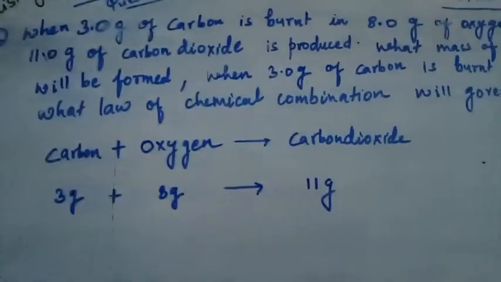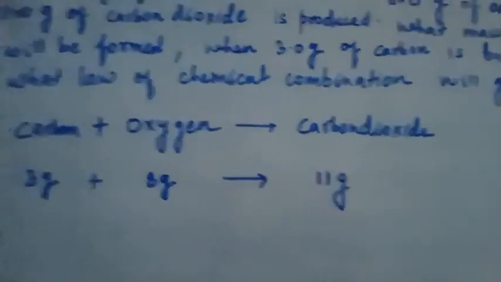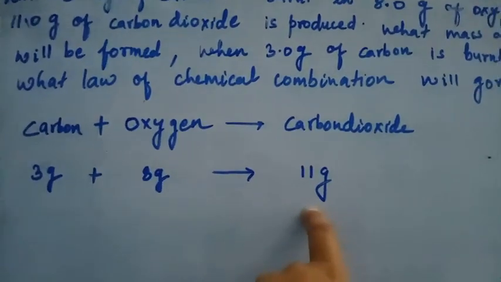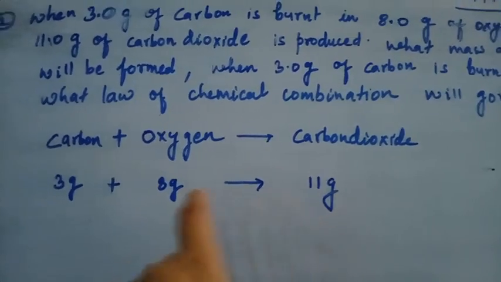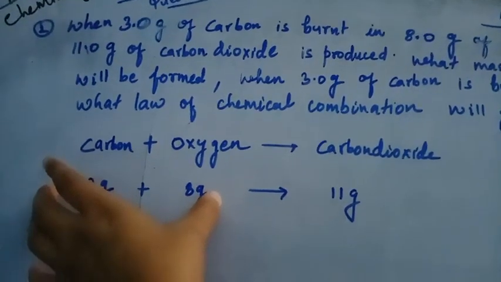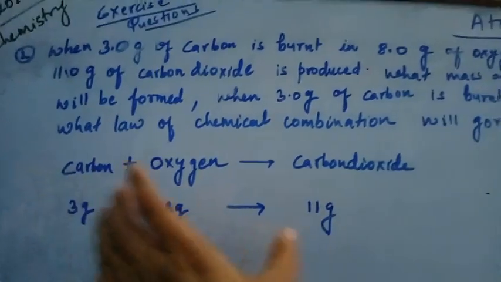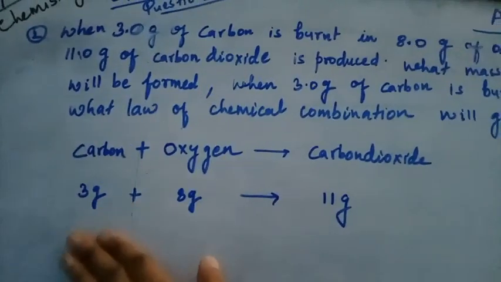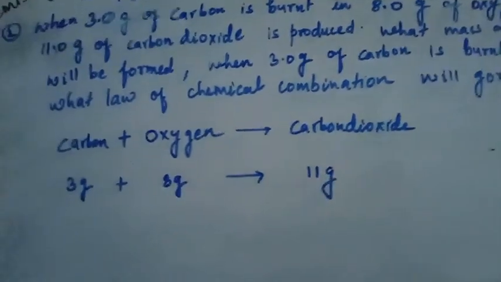Here it is according to the first law of chemical combination, that is the law of conservation of mass. The total mass of reactants will be equal to the total mass of products.